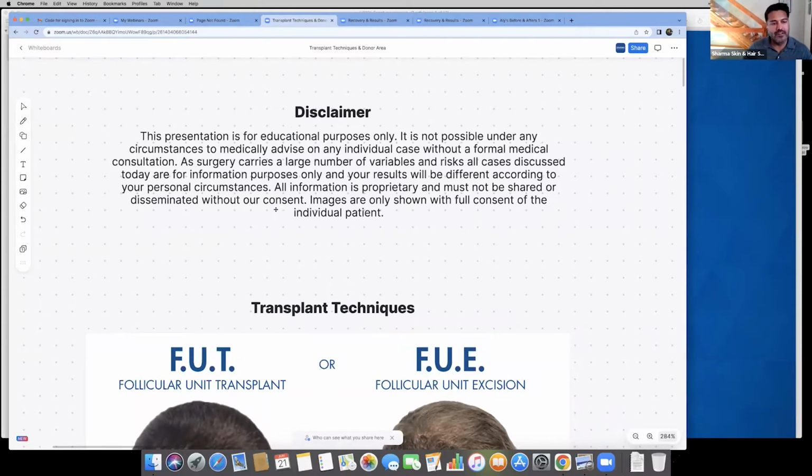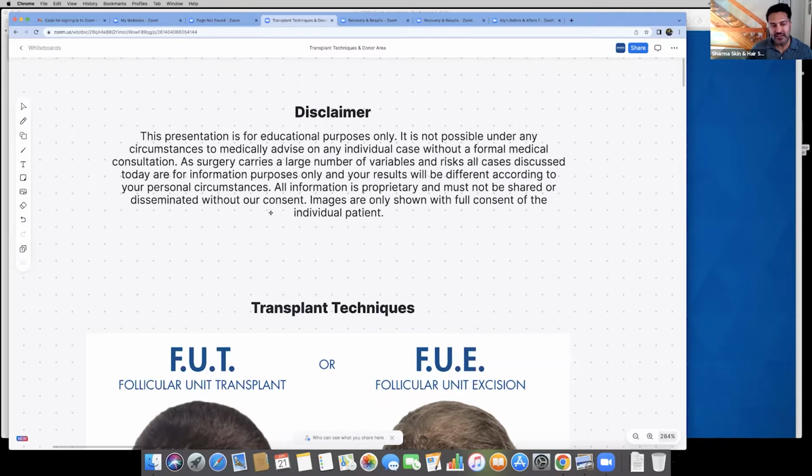So firstly, I'd like to read out this disclaimer. It's very important that we all understand that this presentation is for educational purposes only. It is not possible under any circumstances to medically advise on the individual cases that we're going to see today, or if anyone asks any questions, without a formal medical consultation. A surgery carries such a large number of variables and risks.